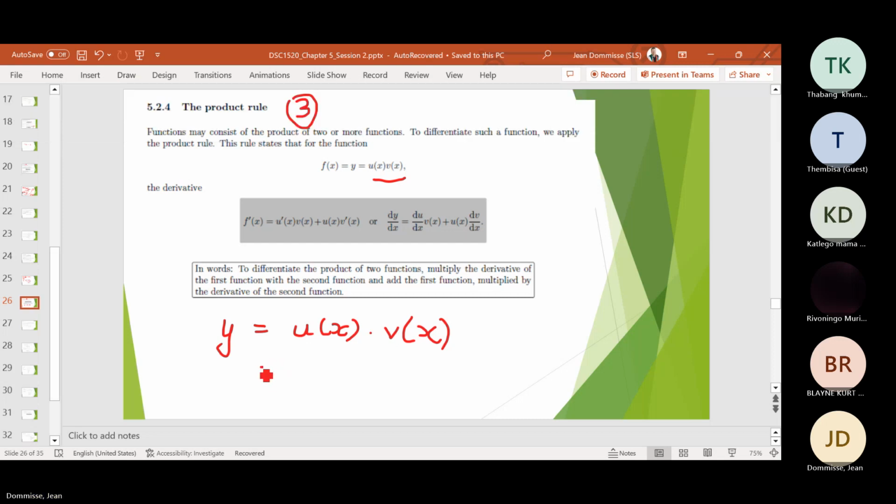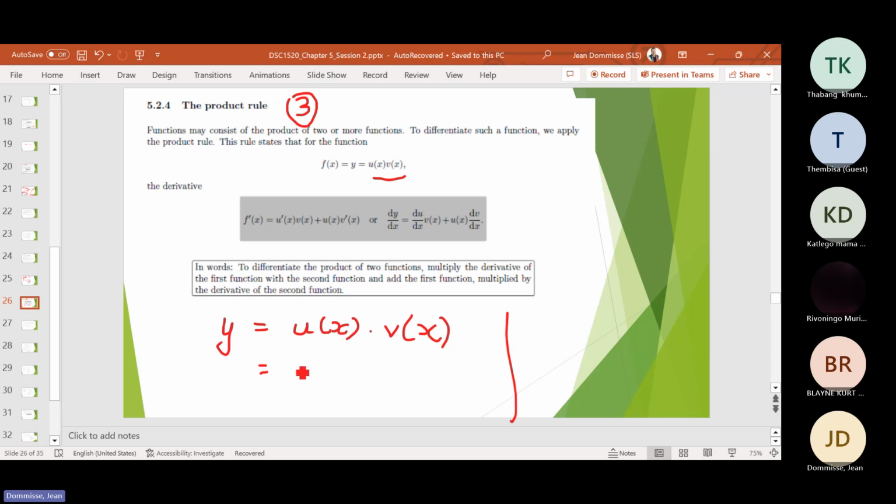So what the product rule entails is that if it was u(x), it still stays u(x), but you multiply it with the differentiation of v(x), plus the differentiation of u(x) times v(x).